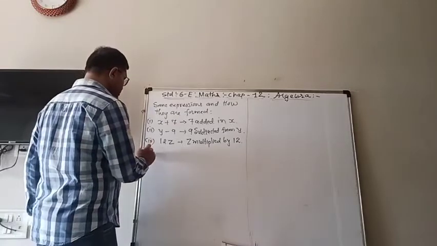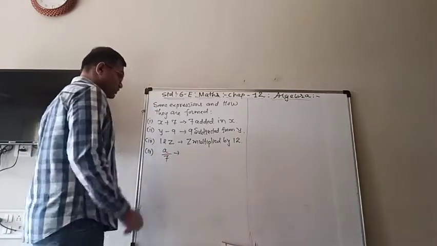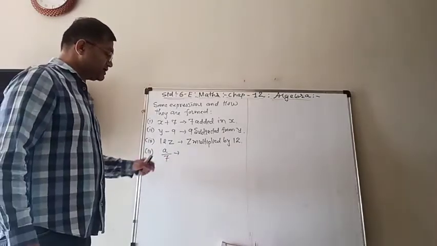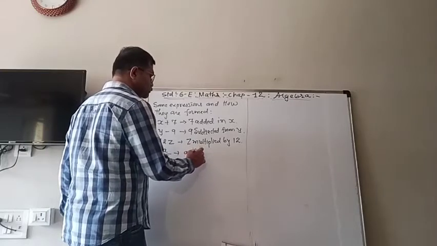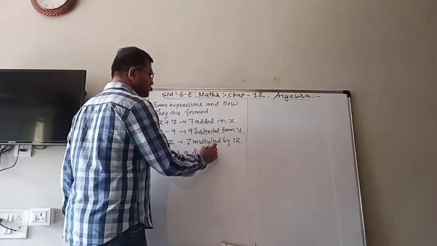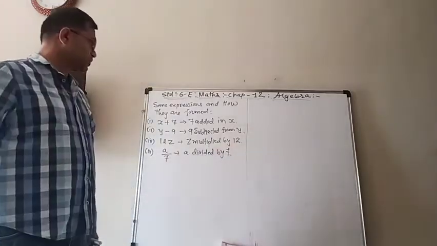You can have division also, like a upon 7. So we divide the a by 7. Right? So we can write a divided by 7.